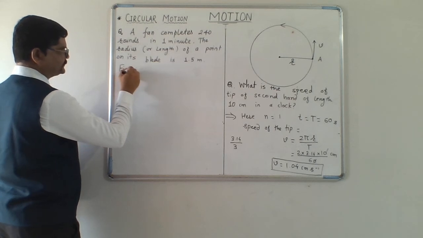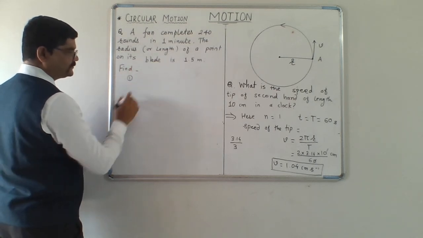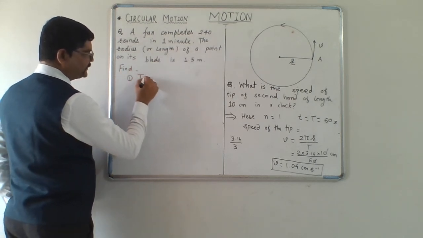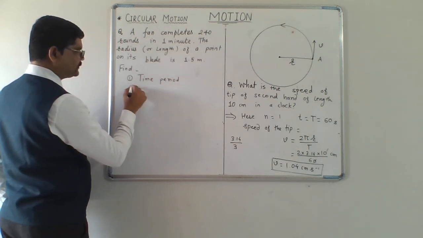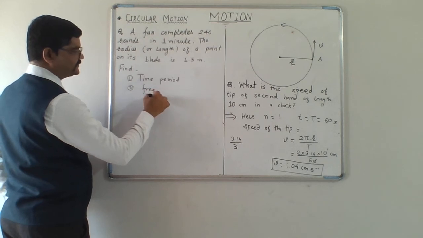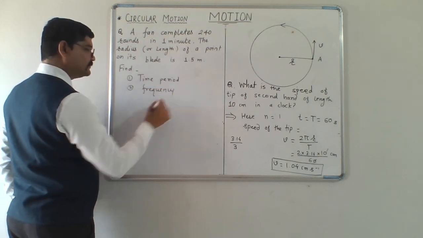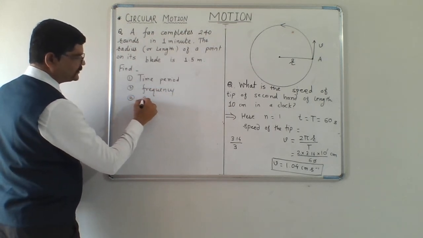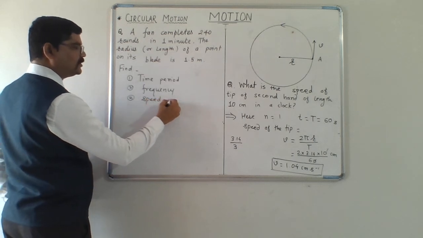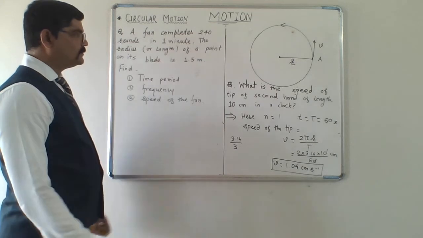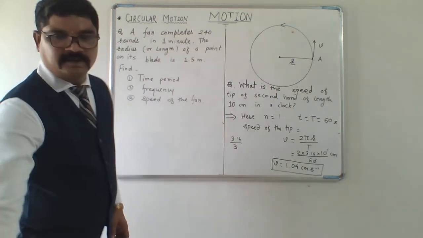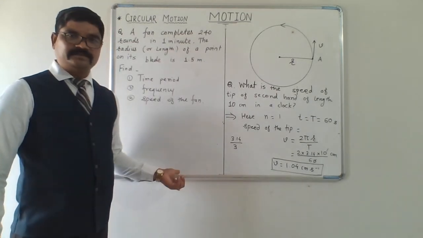Find number 1, the time period, number 2, the frequency, number 3, the speed of the fan. So this is the question for you.